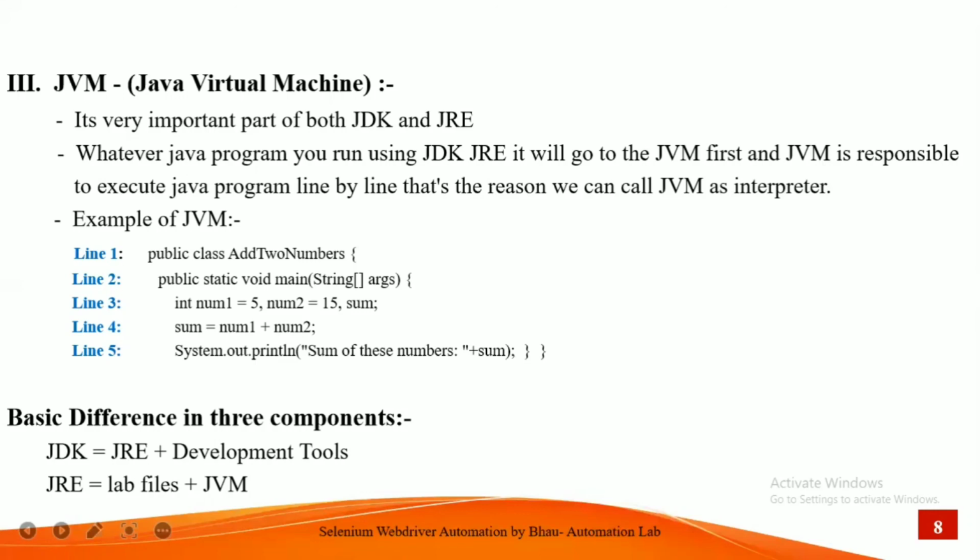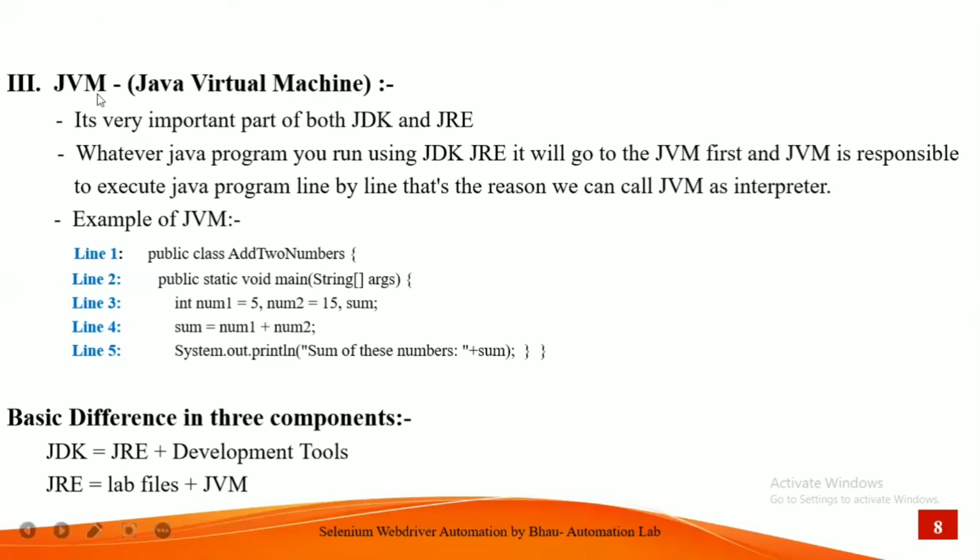That's why you get the correct output. So JVM is responsible for executing your Java program line by line. Whether you run using only the JRE, it will by default go to the JVM, and the JVM executes that Java program and shows you the output.